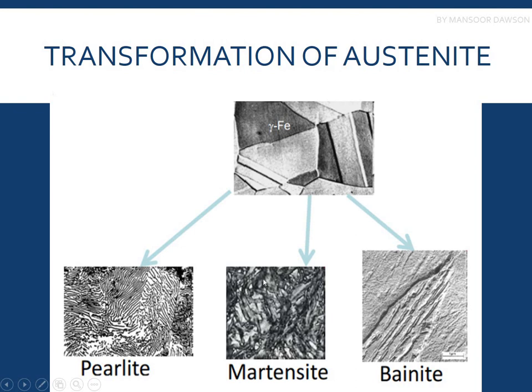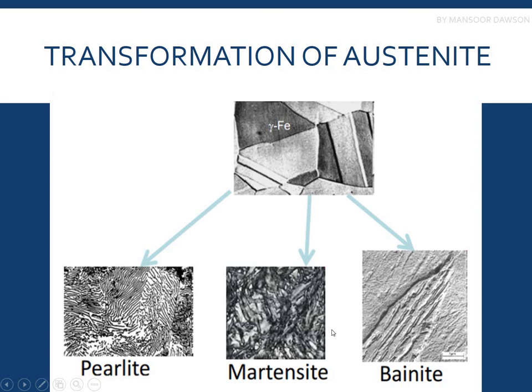And for martensite, you can see that this is a diffusionless phase. You can see some alternate layers, but these are not all. The carbon is not properly diffused in the ferrite matrix in this case, and you cannot see the carbon because it is stuck in the lattice.